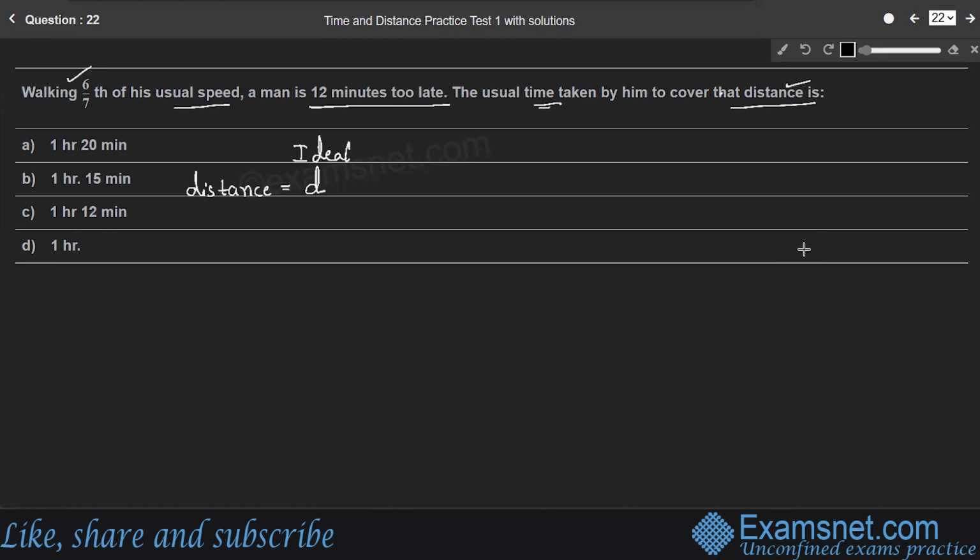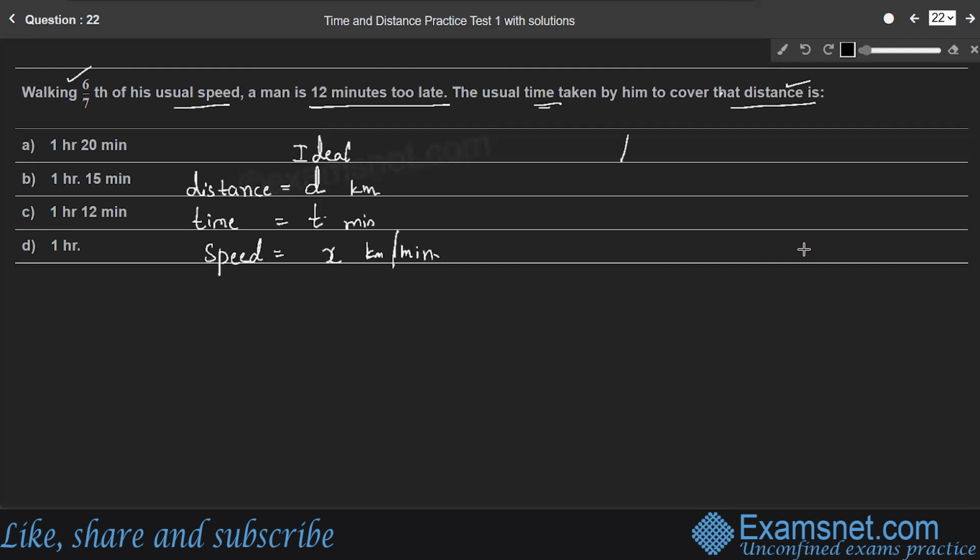He covers d kilometers or d meters in t minutes of time, so the time is in terms of minutes, and his speed is x kilometers per minute. This is in ideal condition.